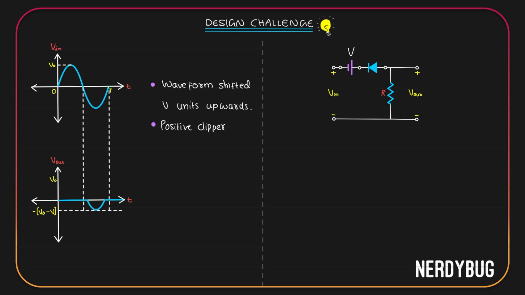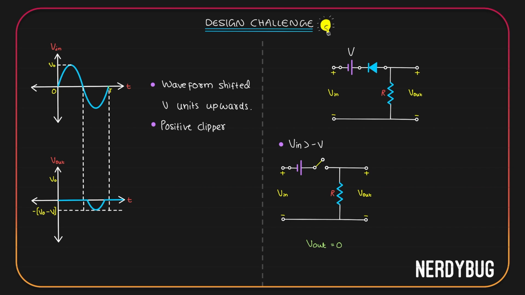Let's draw the circuit model when the V input is greater than minus V and the diode is in reverse bias. Since the input voltage is not negative enough, the diode is in reverse bias and we have modeled it as an open circuit. Since the circuit is open, no current will flow through the resistor. Potential across it is 0. Output voltage is 0.